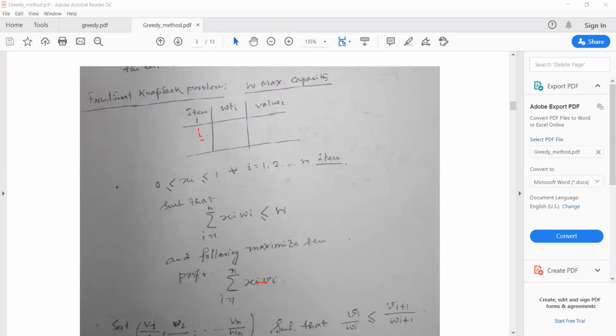The corresponding items have a certain amount of weight, W1, W2, W3, and certain values of profit, P. That value basically means profit. And we consider the maximum weight that is possible, that is W.